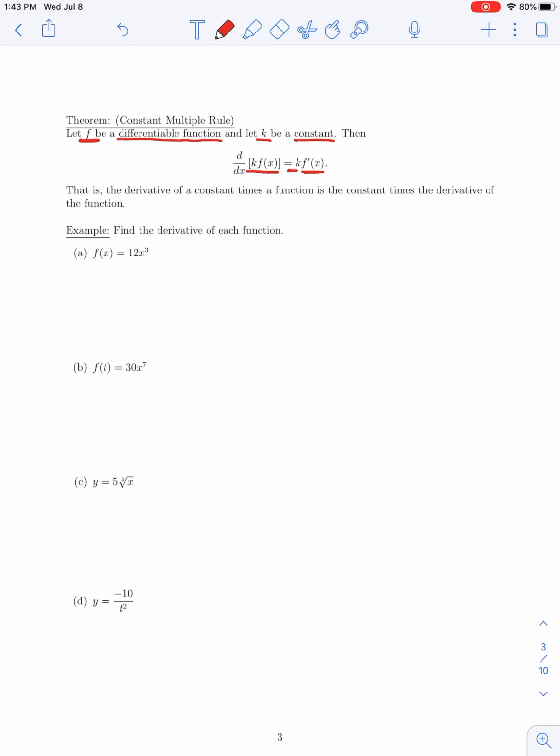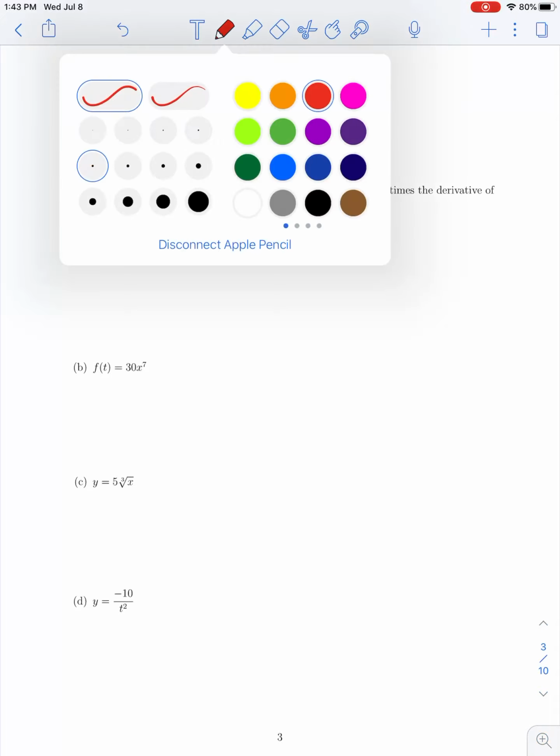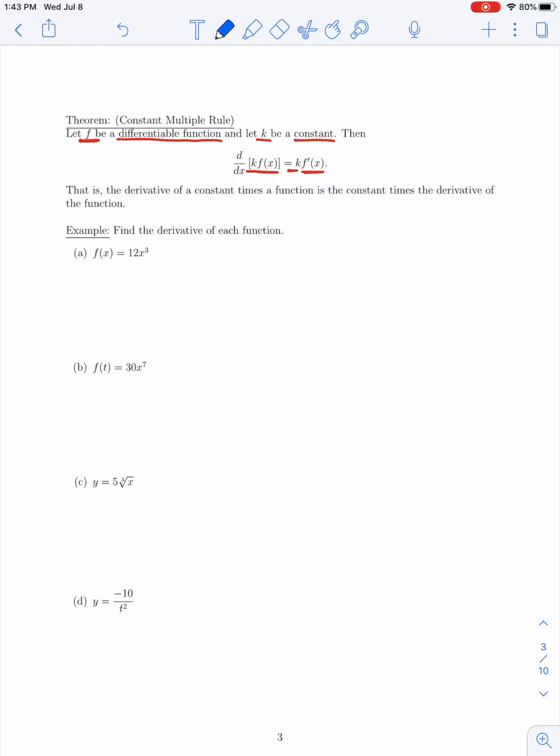In other words, you can pull a constant out in front of the function that you're taking the derivative of.